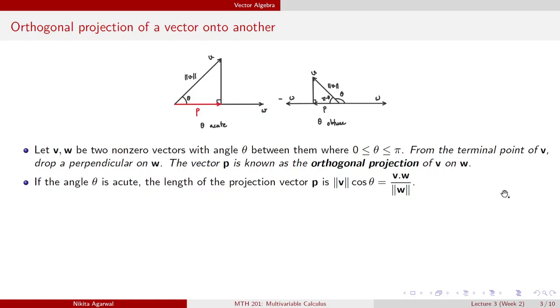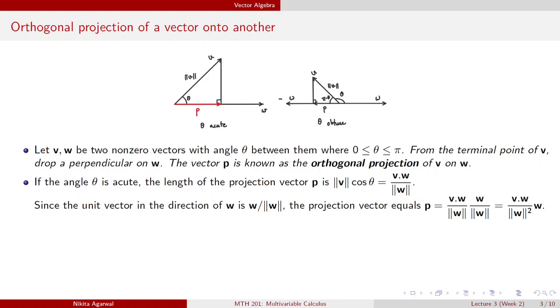Now the question is, what is the vector? If you look at the direction, it is W, right? So what is the unit vector in this direction? It is given by W by norm W. We saw last week that if you divide a non-zero vector by its norm, you get a unit vector, and that is the unit vector in this direction.